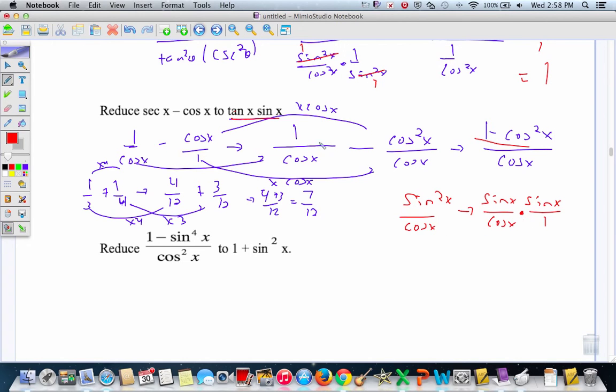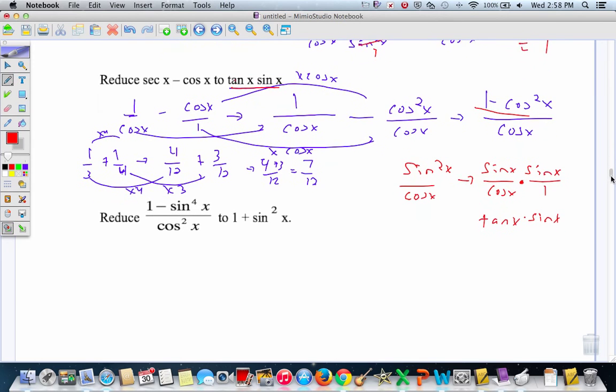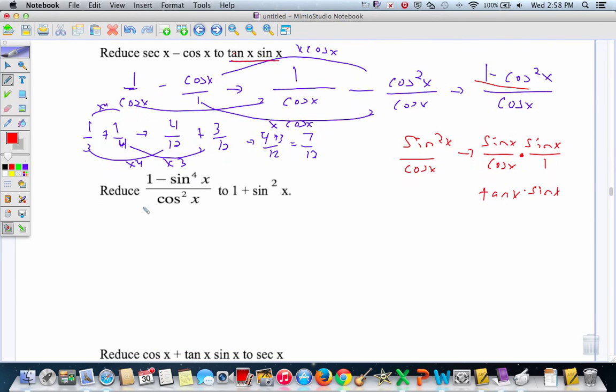Just a different form. Sine times sine is still sine squared. Cosine times 1 is still cosine, but it allows me to get to the form that I want because sine over cosine is my tangent and sine over 1 is sine. Okay, so we applied some algebra techniques along with knowing our identities to go ahead and simplify there.